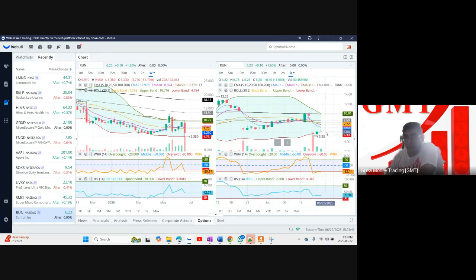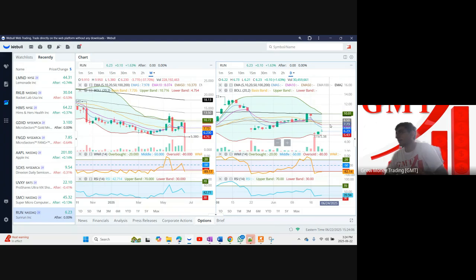So if you are entering at 6.20, the stop loss could be 5.35 here, few cents lower than the low, and take it for a very short term trade. Right? And Ankit is not on this call, so we'll move ahead.